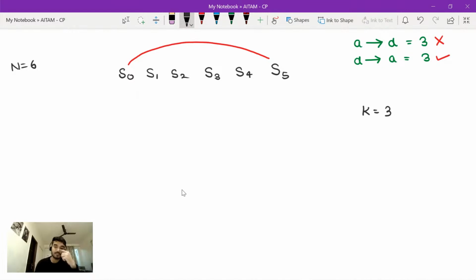Let's say we have B, then Z, and then C. The value of k, let's say it is equal to 4, not 3.